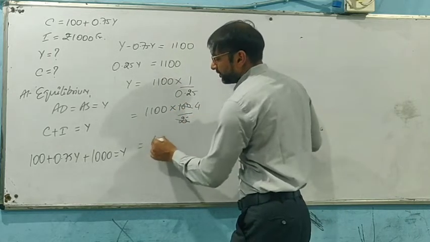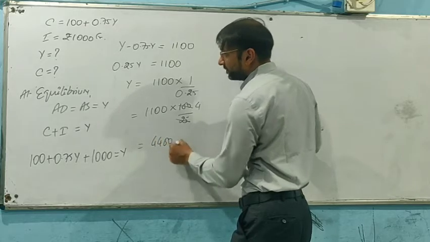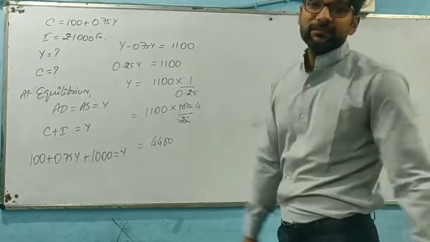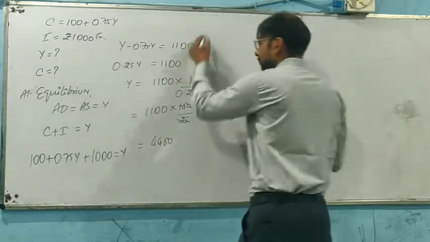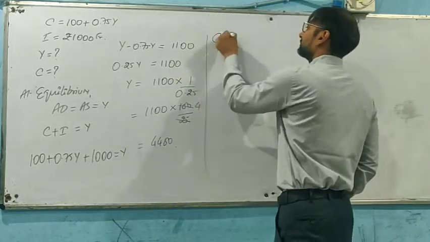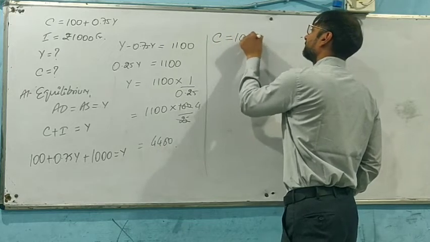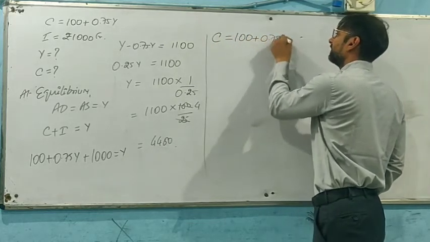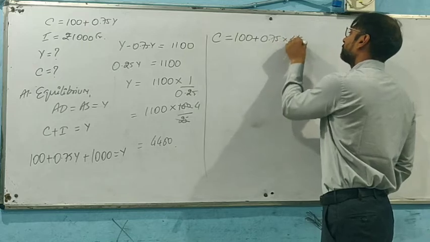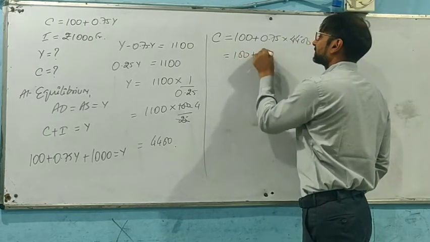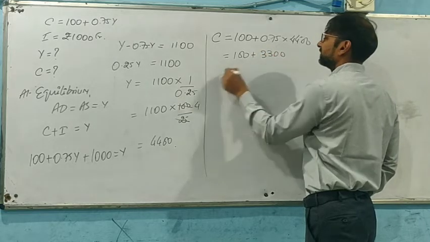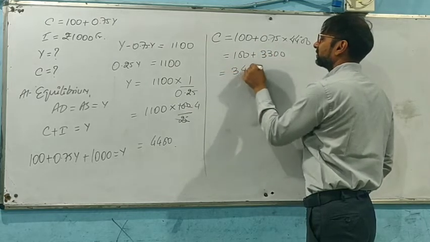It means 4400 will be the income. Now if this is income, we can put the value of income over here to get the value of consumption. So consumption will be equal to 100 plus 0.75 into 4400, that is 100 plus 3300, so the answer will be 3400 crore.